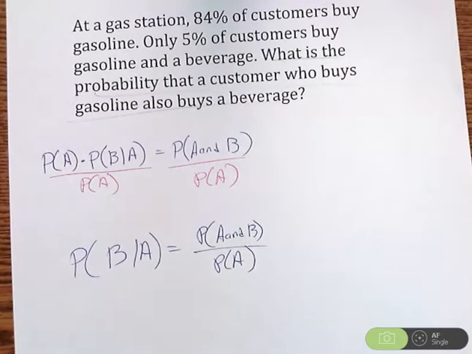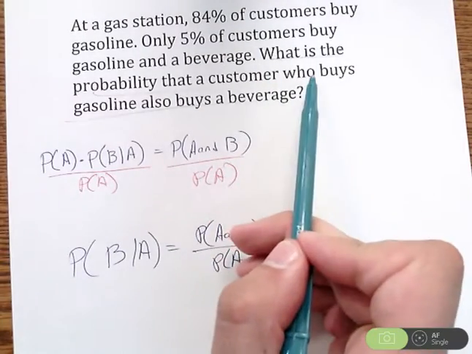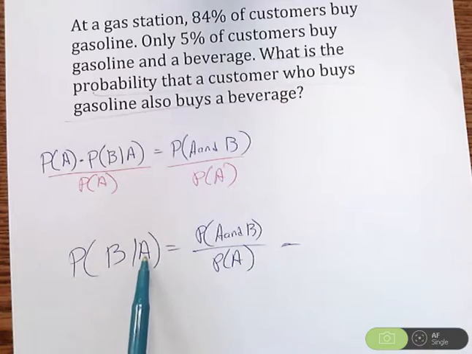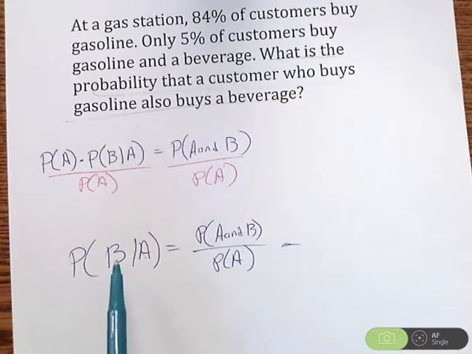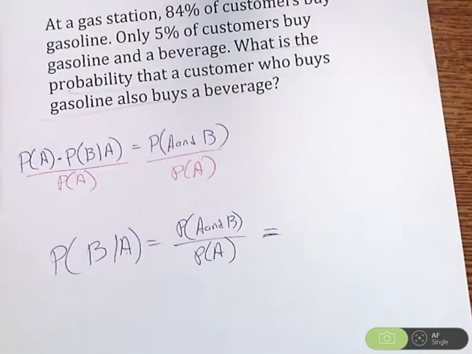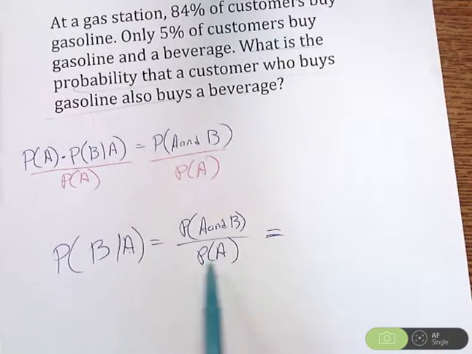The reason this works is they're asking us for this probability, so we need to do this piece here. Given that they bought gasoline, that's the A part, what's the probability they also buy a beverage? That's B. So gasoline is A, beverage is B. What's the probability that they bought gasoline, P(A)?